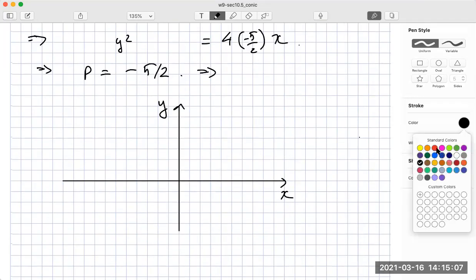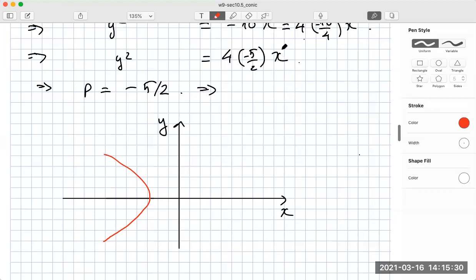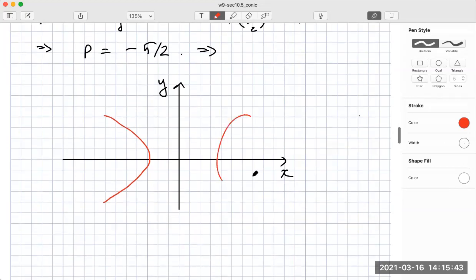Therefore, the graph should be somehow like this. Do you agree? The value of x should always be negative. That is one thing we observe now. If x here is positive, then a positive number multiplied with a negative thing here doesn't make sense, because on the left-hand side, y squared should be a positive number, right? It means that the graph cannot point this way. It doesn't make sense.